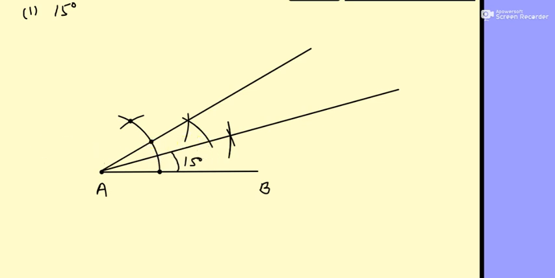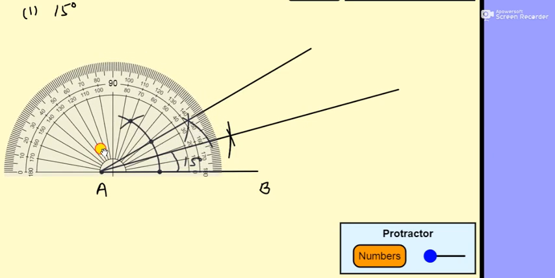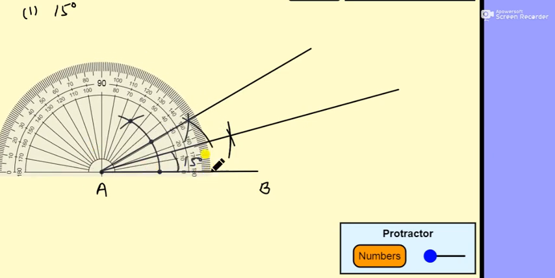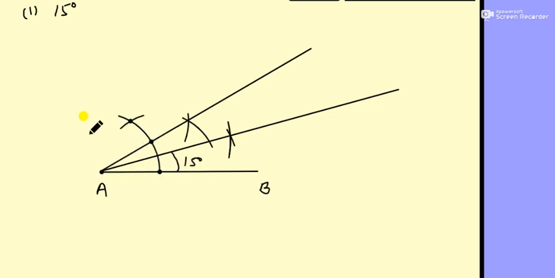First of all we want to measure this angle, so you have a protractor for the measurement of this angle. You can see here it is clear that it is 15 degrees. You have to see 10 and 5 here, so 15 degrees. So you can measure with the help of the protractor, and it is very easy to make this angle.